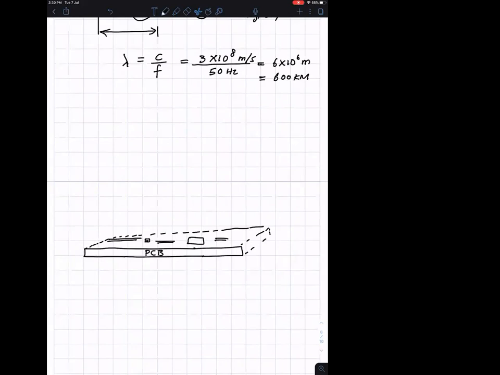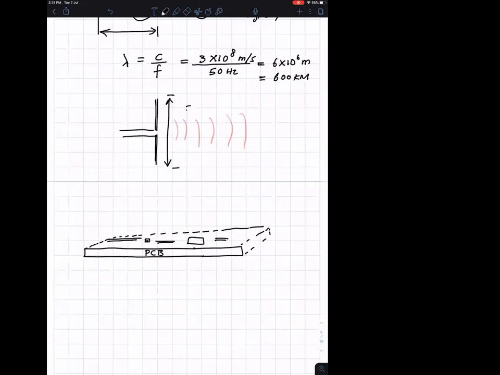While I'm at it, I just would like to tell you, for an antenna, for example, consider this dipole antenna radiating waves. For maximum radiation efficiency, the length of the dipole antenna should be lambda over 2.